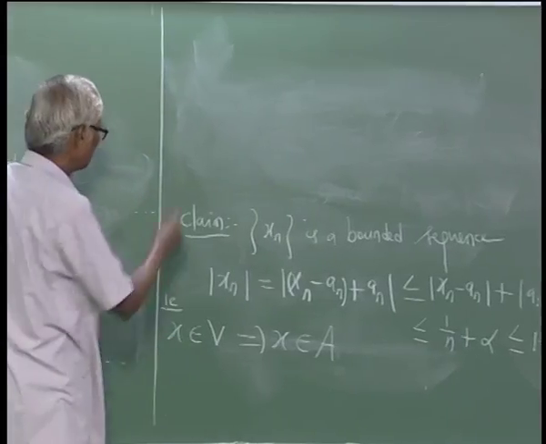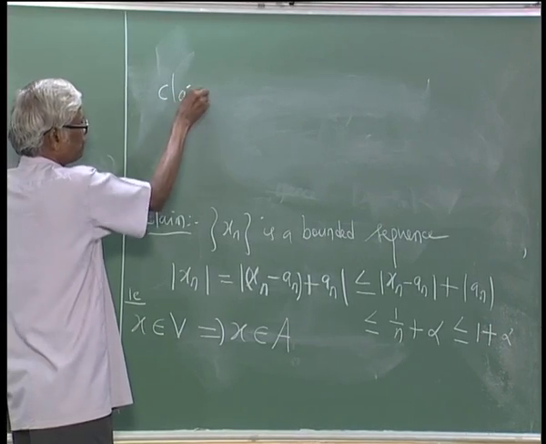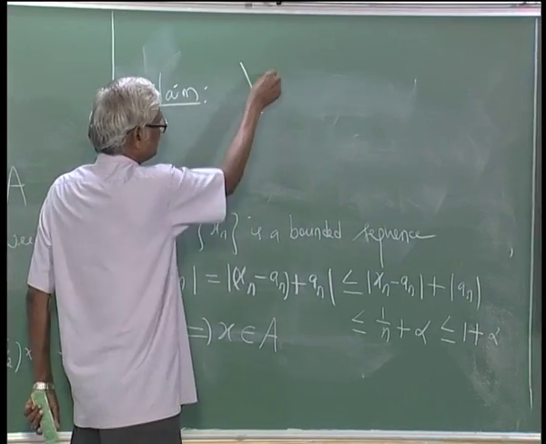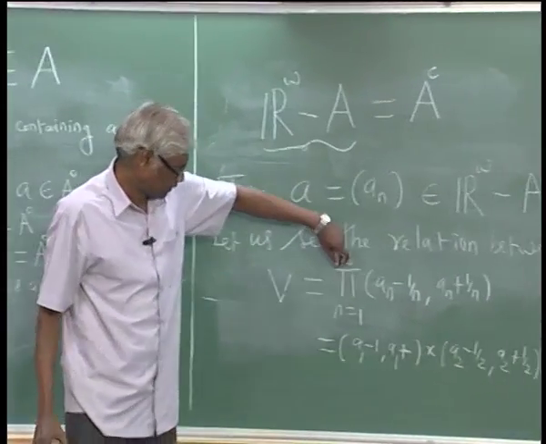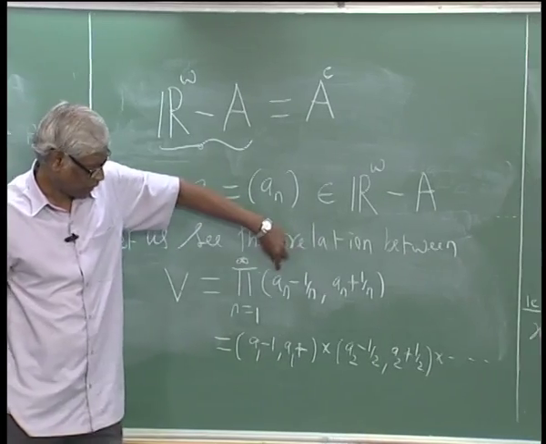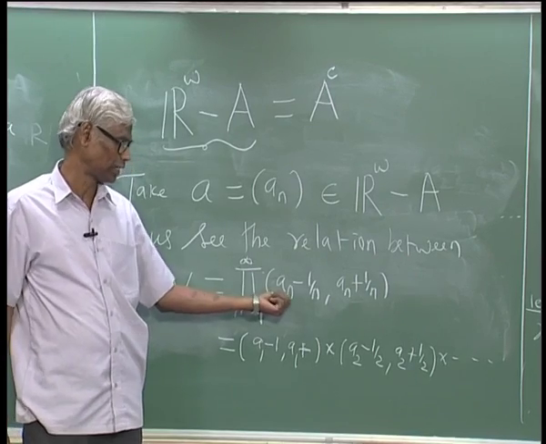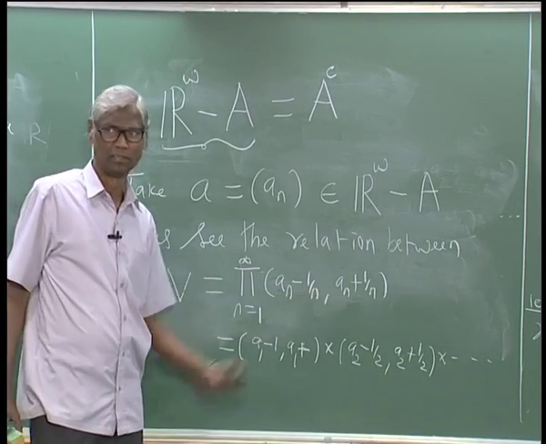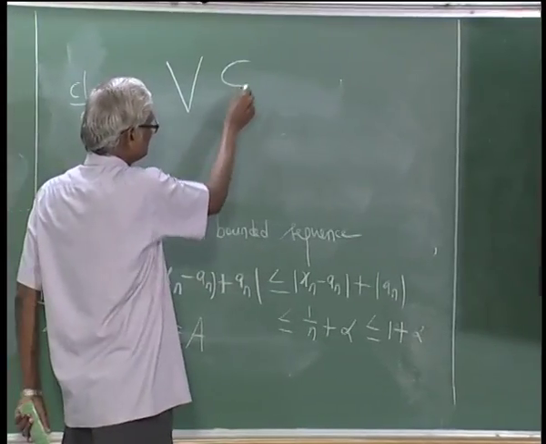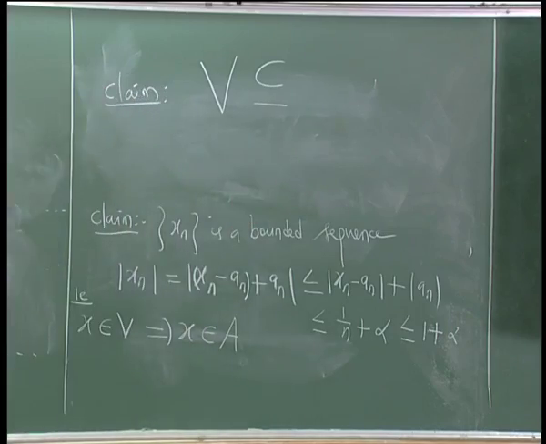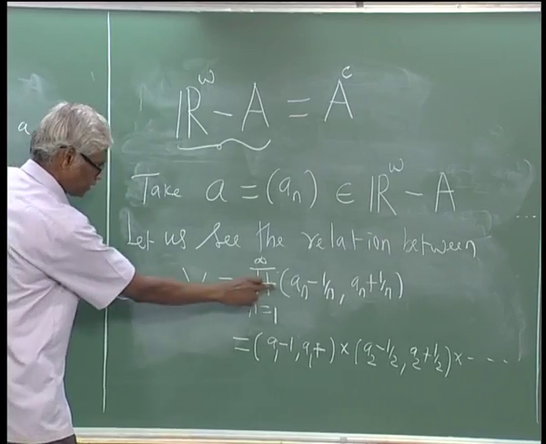So again our claim here is the V. Now our V is again the same, each basic open set, where the nth coordinate is an interval. So, claim: this V is an open set containing A, because a_n is here.